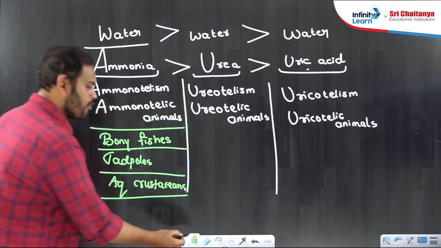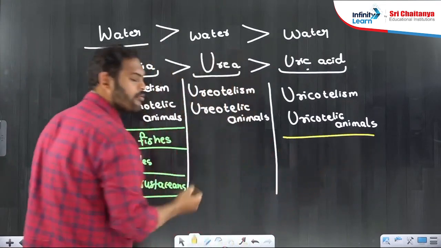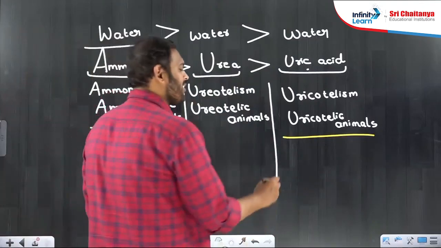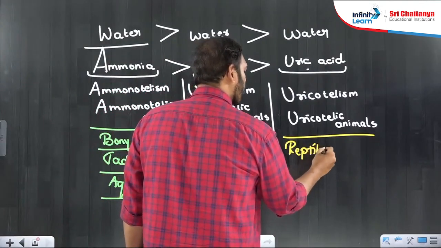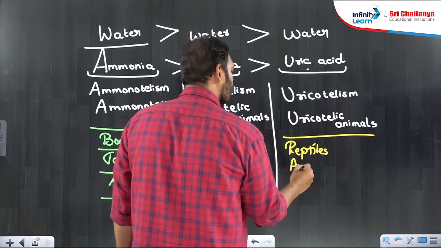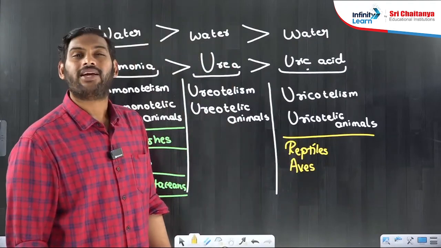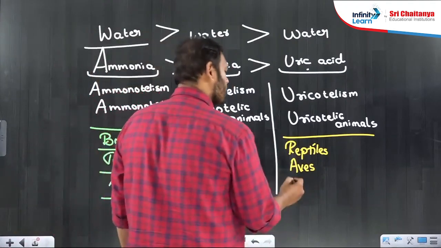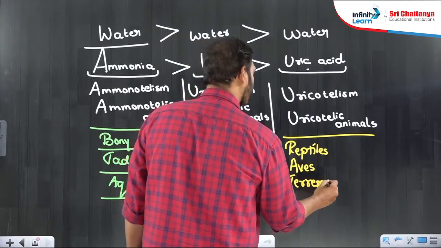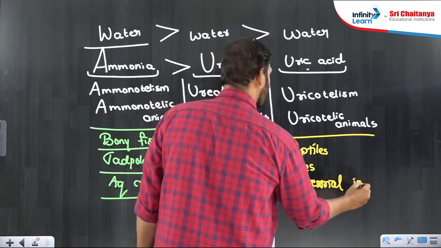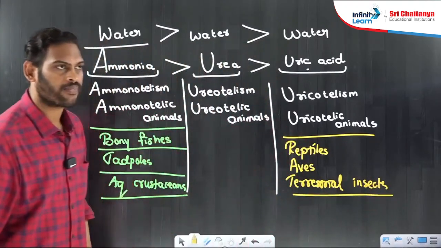Like this. What about animals which excrete uric acid with a minimum amount of water? Yes, almost all reptiles, almost all birds, synonym for birds, aves, and almost all terrestrial insects like cockroach, spider, scorpion. Almost all terrestrial arthropods, insects, they excrete uric acid.